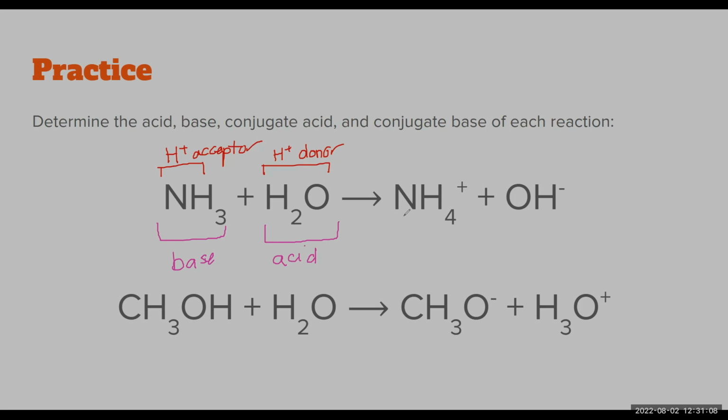Now, if we look at the product and pretend like it's going in the reverse direction, which technically it probably is, we can see that NH4+ compared to NH3 is going to be able to donate the H+ back to the hydroxide ion, the OH-. Because it's able to donate that proton back, this is going to function as our donor.